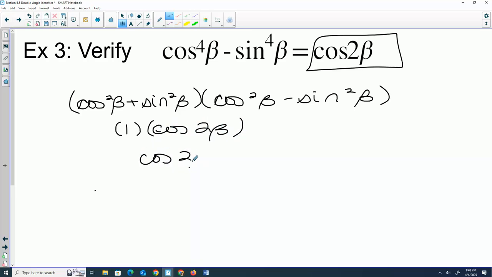Multiply, we just get cosine 2 theta. So proofs, still working the same. Pick a side, you work. If you get stuck, you know you can stop, go work the other side and try to get to the same point. Is that one okay? Good.